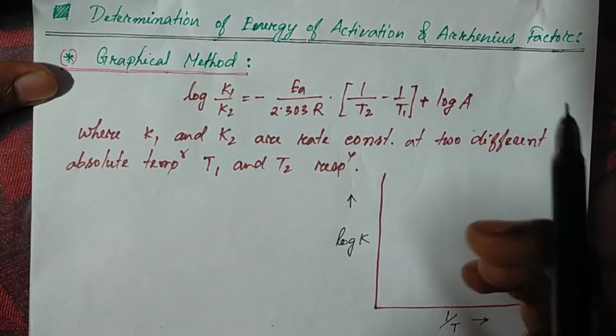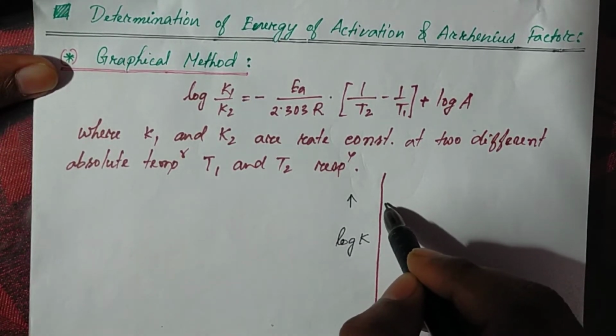So m is negative, so the graph will be like this.